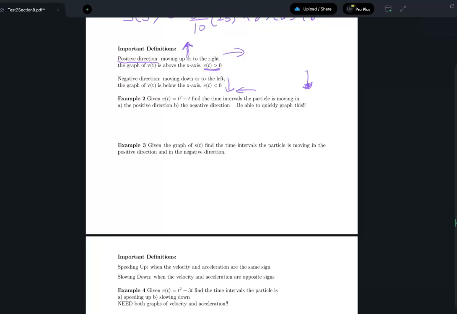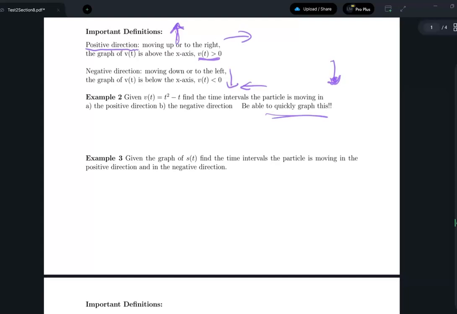All right, let's look at this graph here. So these I'm always going to give just nice little parabola things you'll be able to quickly draw. So if this is the velocity function, I can factor a t out, and I can see that it's going to cross at 0 and 1, and I know it's an upward-facing parabola, just some basic graphy stuff. So there's 0 and there's 1. This is my velocity function.